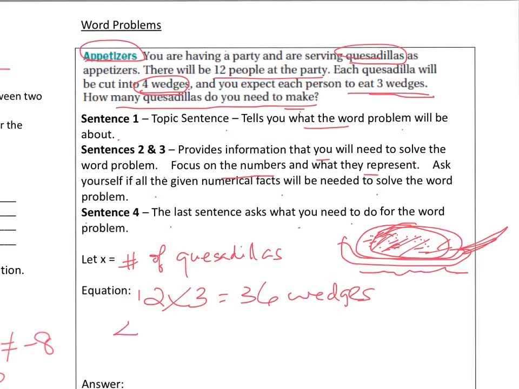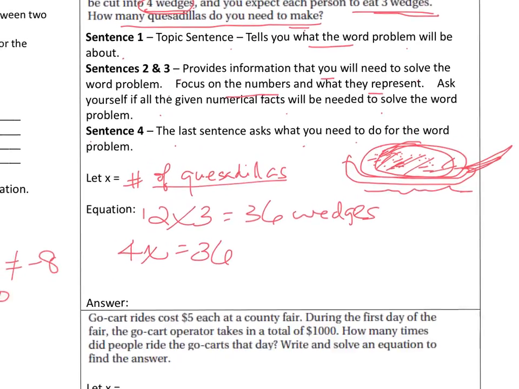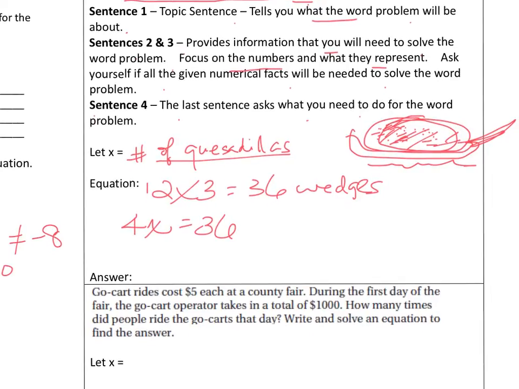So 4 times x, where x is the number of quesadillas you'll need, equals 36. Therefore, x equals 36 divided by 4. So 9 quesadillas.